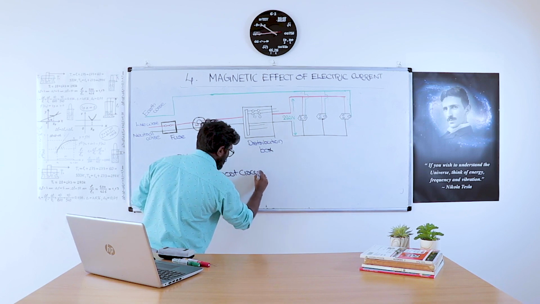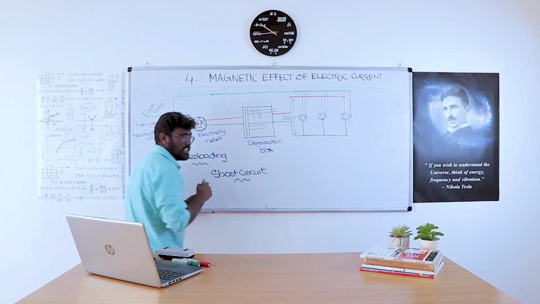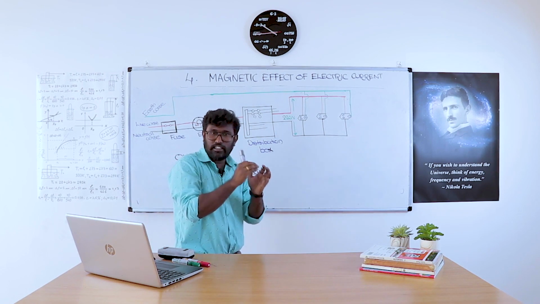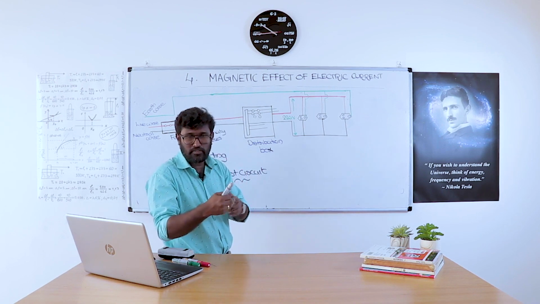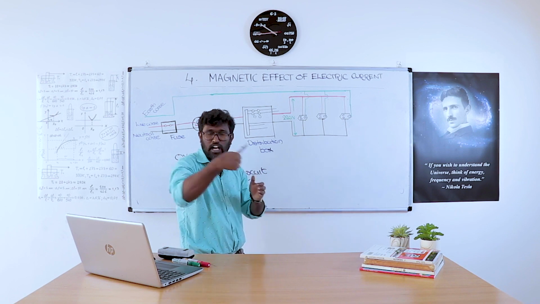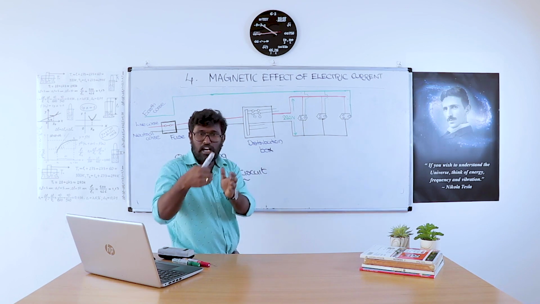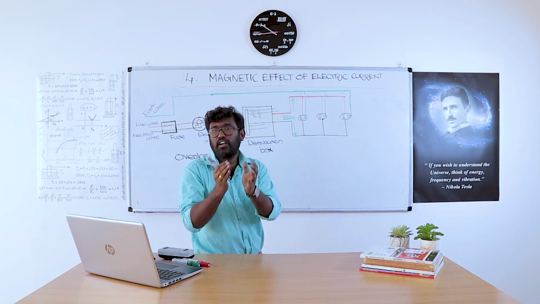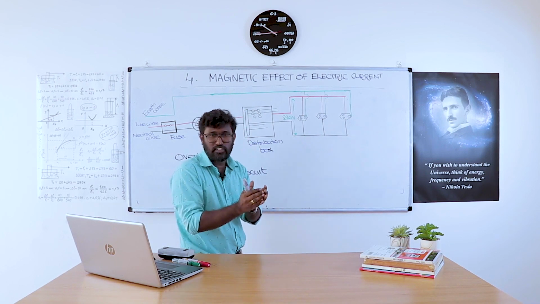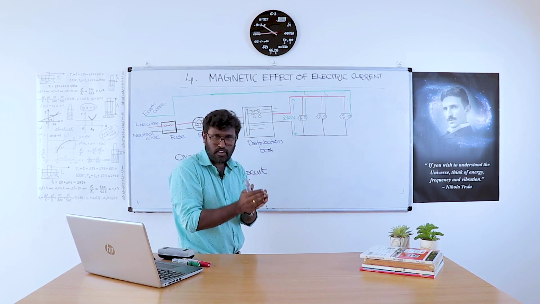What is meant by overloading? If excess appliances are connected in a single socket, the socket will draw a large amount of current. Due to the large amount of current in a single socket, there is a chance of short circuiting, or otherwise we can say there is a chance of fire.